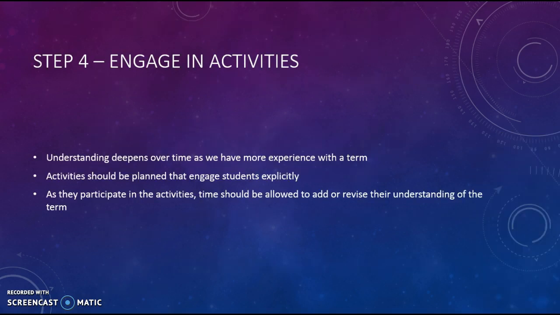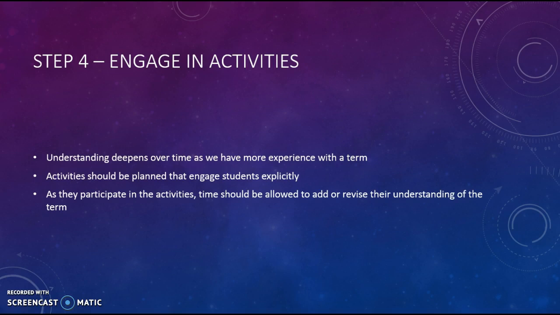Step 4 is where they're really going to engage in different activities that utilize the vocab. So this is going to help them deepen their understanding because they're going to have more experiences with the term. And we need to make sure that they're being engaged explicitly in the vocab. So as they participate, time should be allowed to add or revise to the understanding of the term.